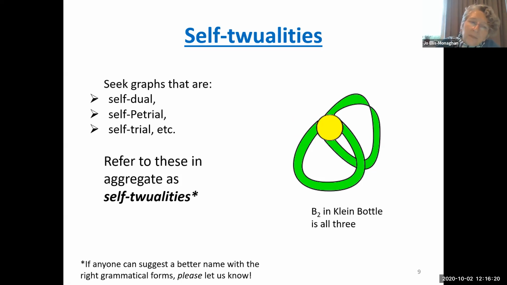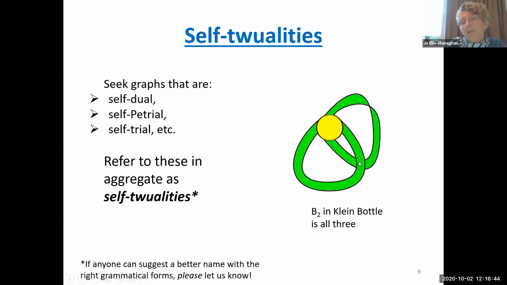And as usual, we're looking for symmetries. We're looking for graphs that do nice things. So you're looking for graphs that are self-dual, self-Petrie, self-trial, etc. And in aggregate, we refer to these as self-dual graphs.